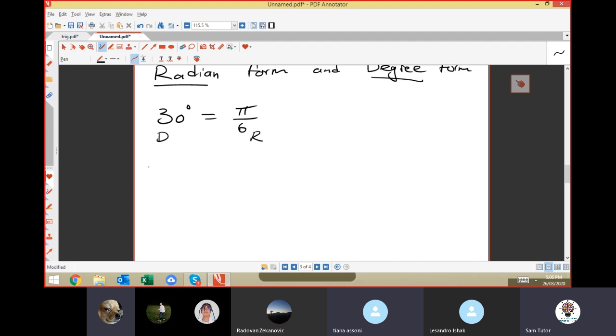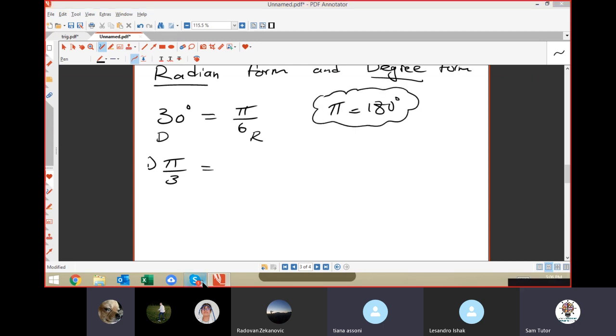If I've got a question, let's do radians to degrees first. So pi on 3. Pi now becomes 180 degrees. So pi is 180 degrees.